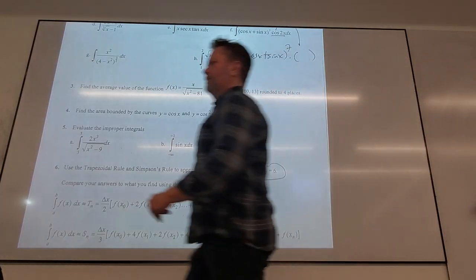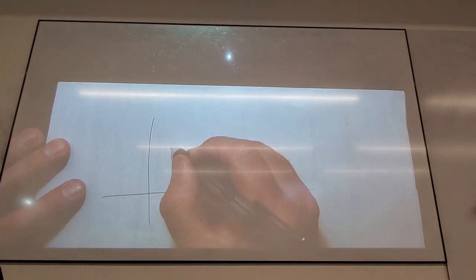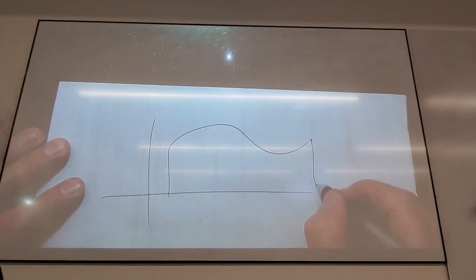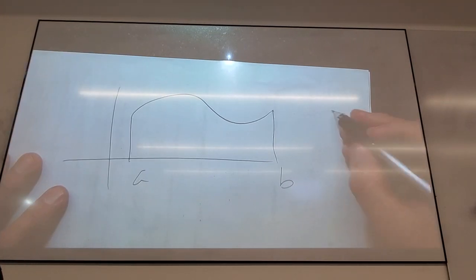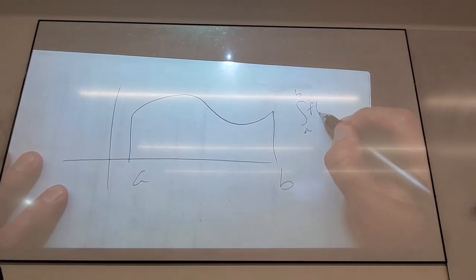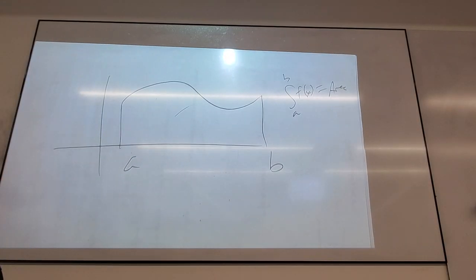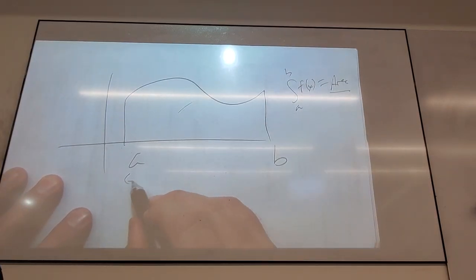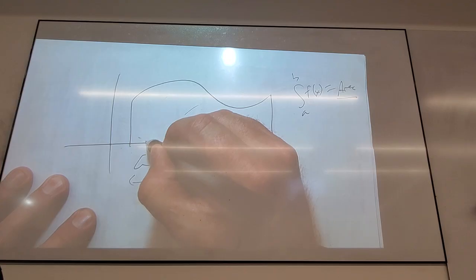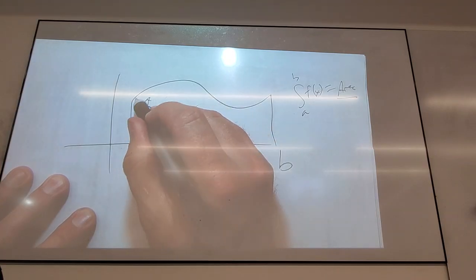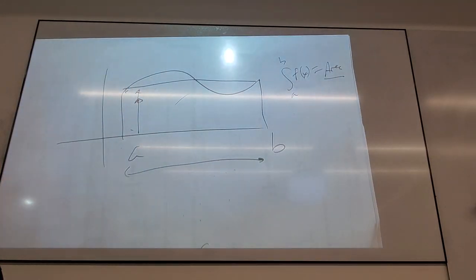Now, real quick, I don't see anybody with questions, so I'm going to show you this. This is such a cool idea. I have a function from a to b. If I integrate it from a to b, I'll get the area here. Okay, if I divide what I get by the length, I'll figure out the height of the rectangle that has the same area.